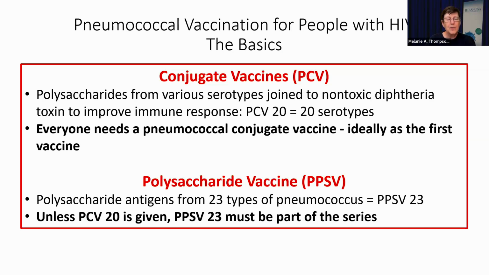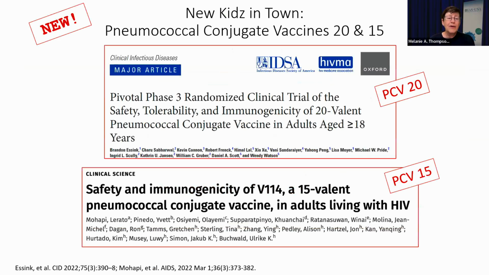And it's important to remember that you pretty much have to use PPSV23 as part of the series unless you are giving PCV20. Next. And we do have some new kids in town, PCV20, PCV15. And I want to point out that we have data in people with HIV for PCV15, but we do not have data for PCV20 yet.